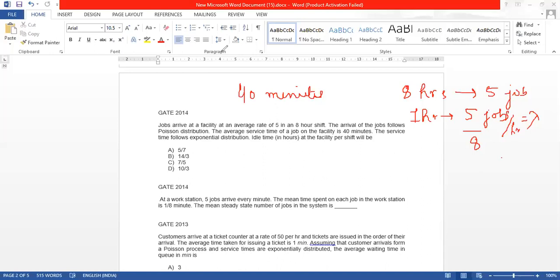Average service time is written by itself. One job takes 40 minutes of service time. It's not the service rate, it's the inter-service time.